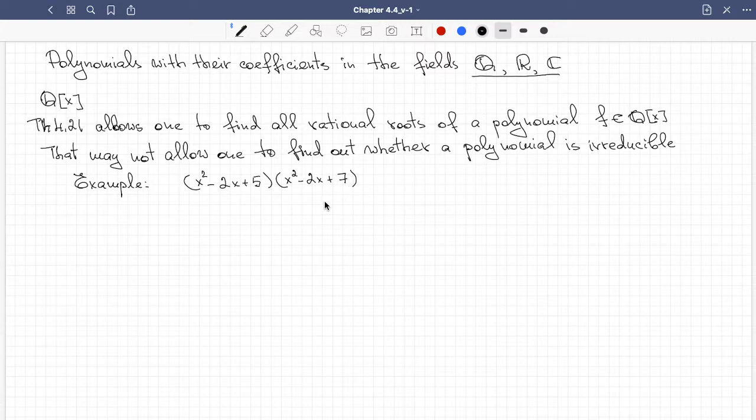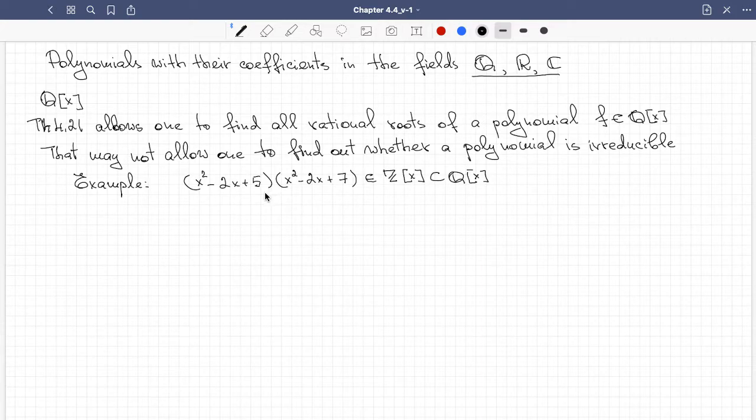If you multiply it out, this is a polynomial with even integral, not just rational coefficients. This polynomial is not irreducible.